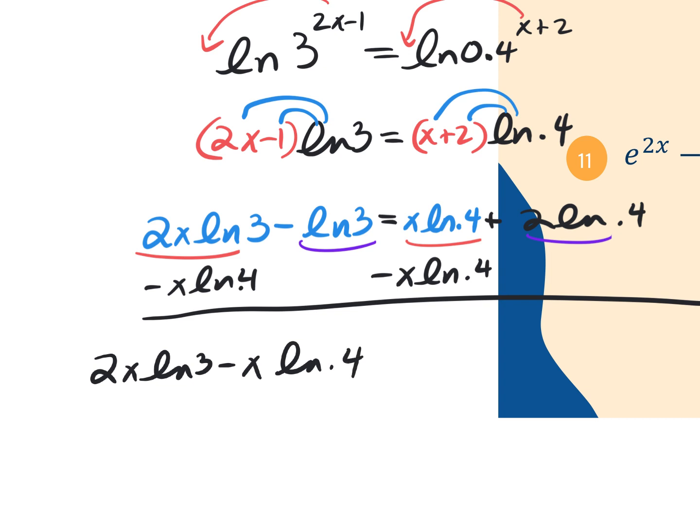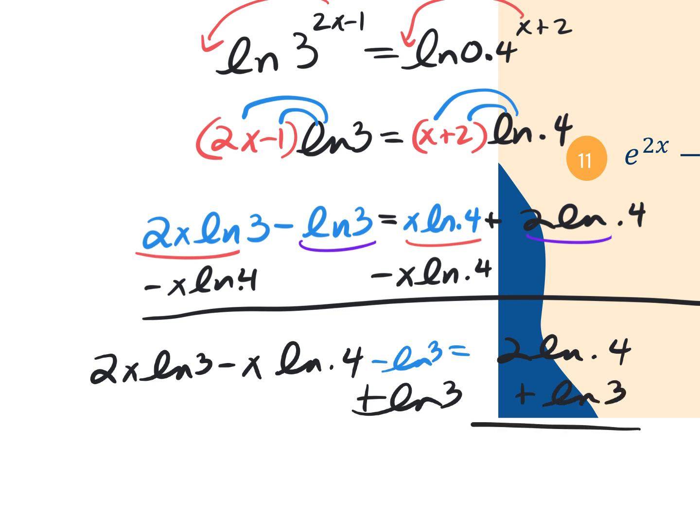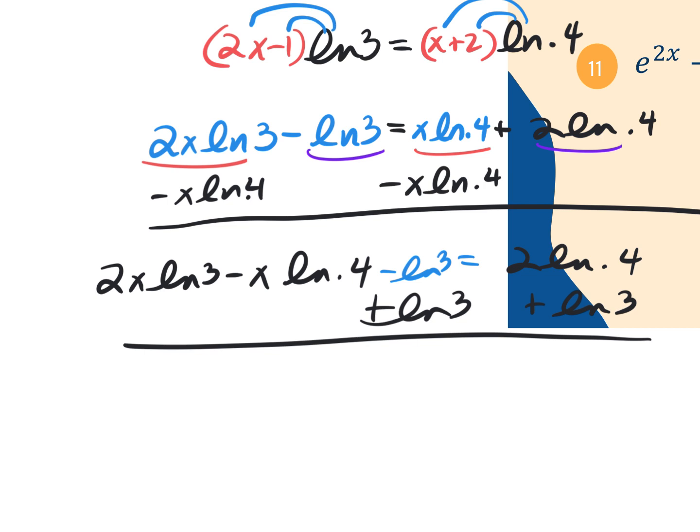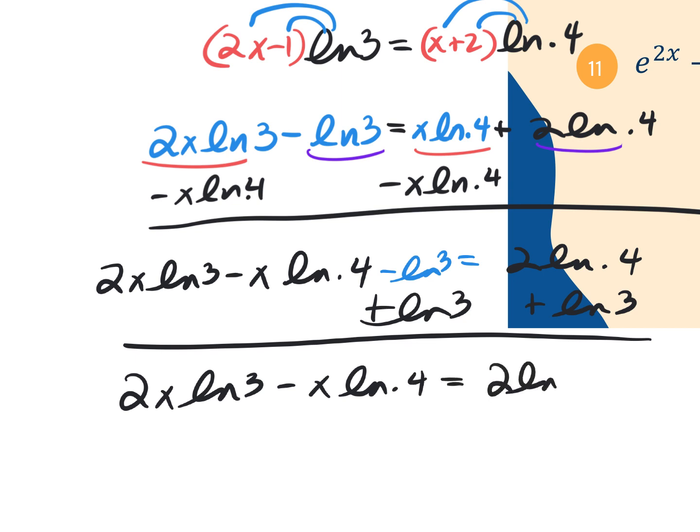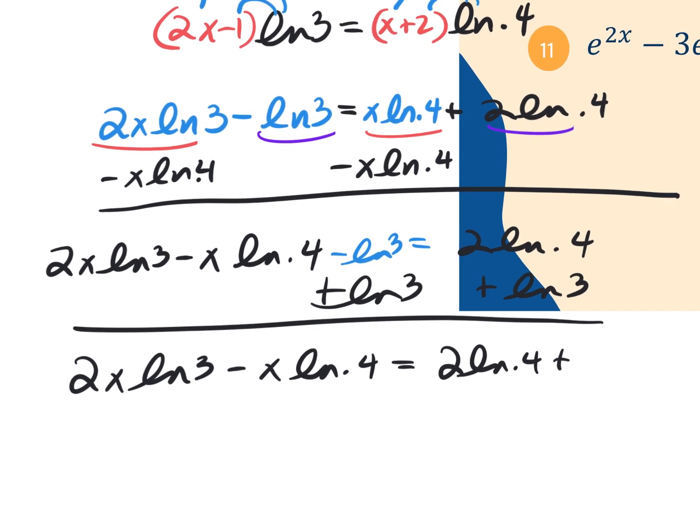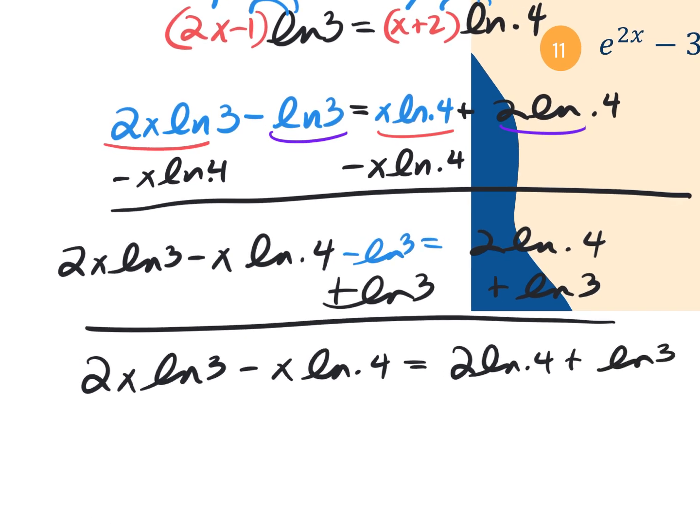I still have the minus ln 3 here, and on the other side, I still have the 2 ln 0.4. Now I need to move this ln 3 to the other side by adding it. So now I have 2x ln 3 minus x ln of 0.4 equals 2 ln 0.4 plus ln 3.